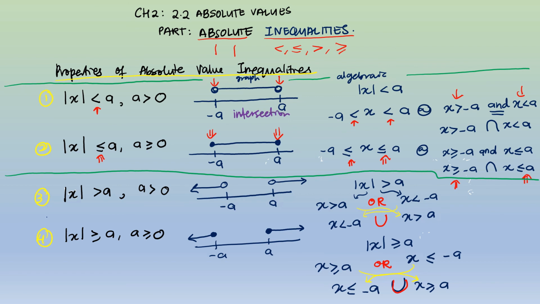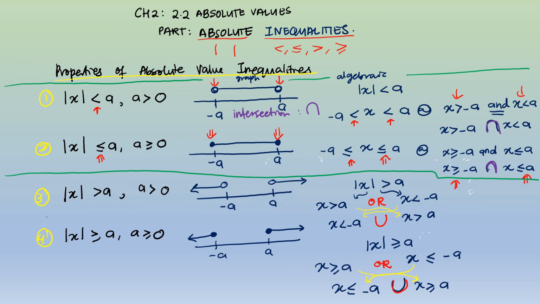Okay, between them. That's why you need to use symbol and there. Alright, symbol and here and here. Okay, let's look at the next one, which is our greater. For greater, you can see here either single or double. If you draw the value, it will be the opposite one. One is to the left, another one is to the right. So here you need to use or as your symbol.